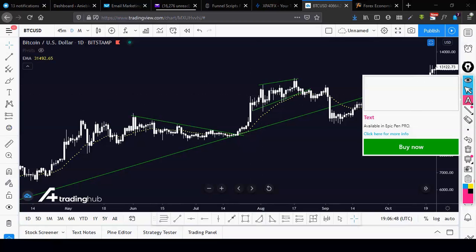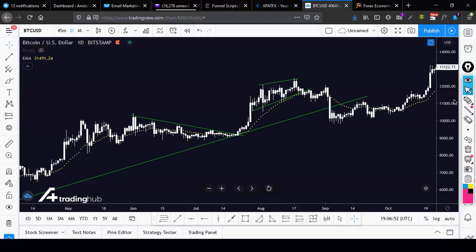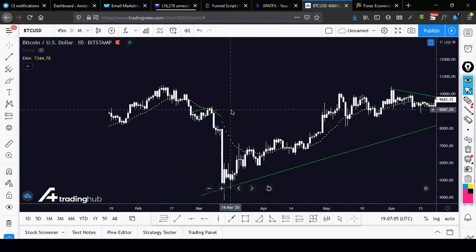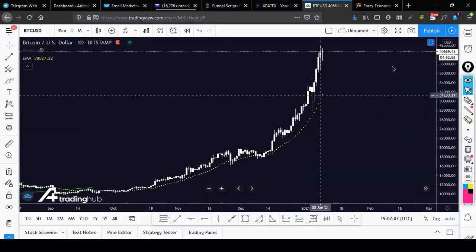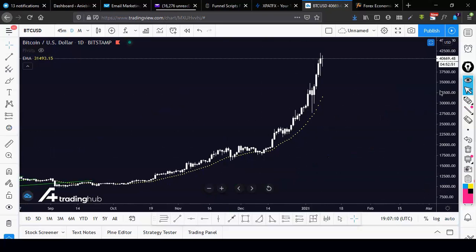This was another one here, another parabolic move, another correction, a bigger correction, A, B, C, then the parabolic move there. So price must correct. Wait for that correction before you go all in again on Bitcoin.